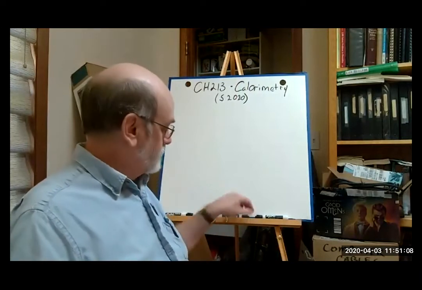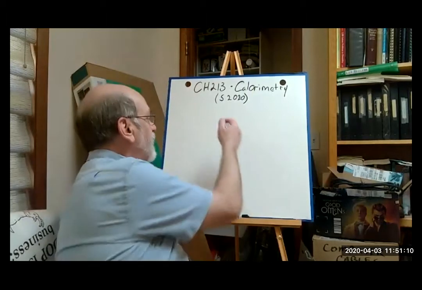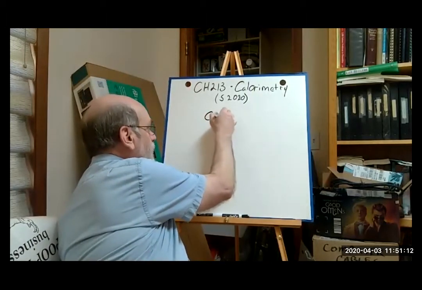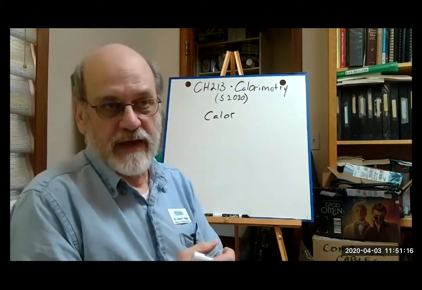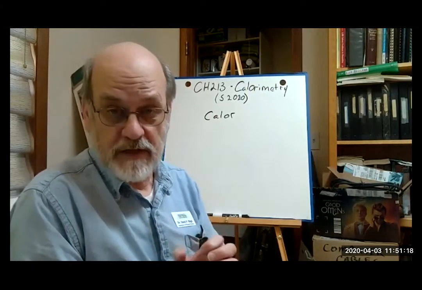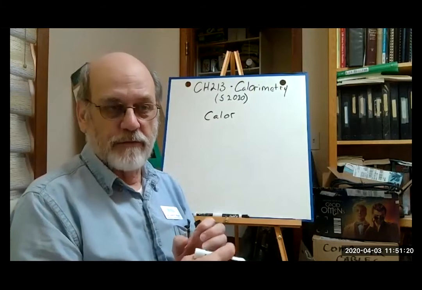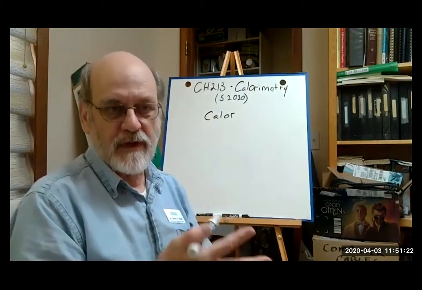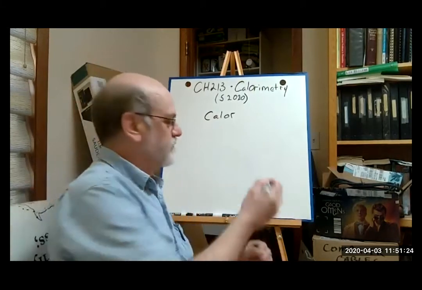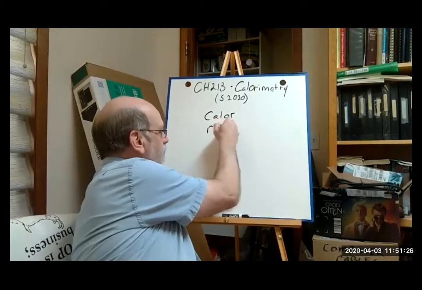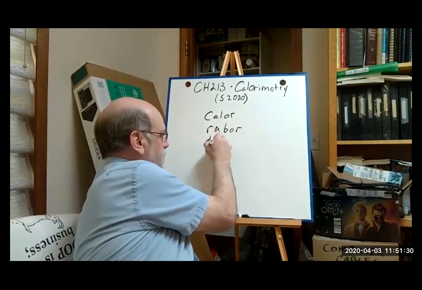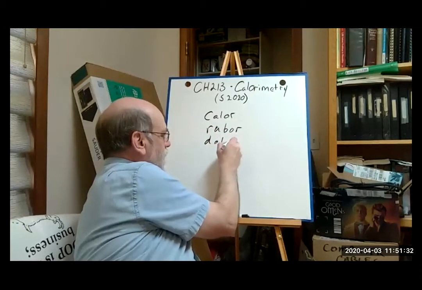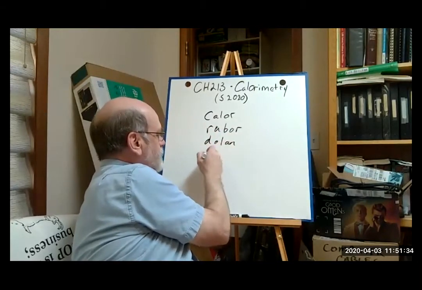Well, calor is a Latin word that goes along for any of you who have had anatomy and physiology, understand the 4 classical symptoms of inflammation. Calor, rubor, dolor, and tumor.